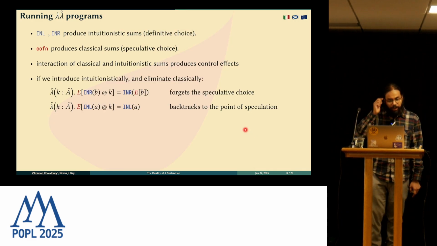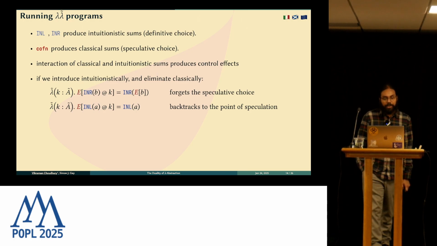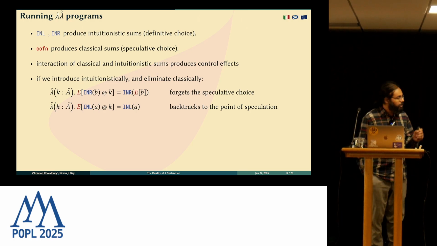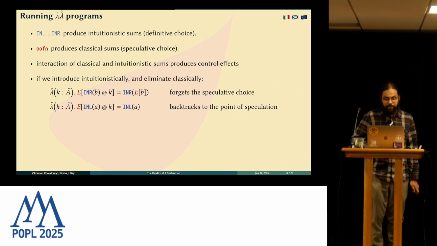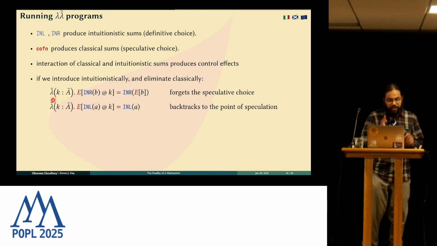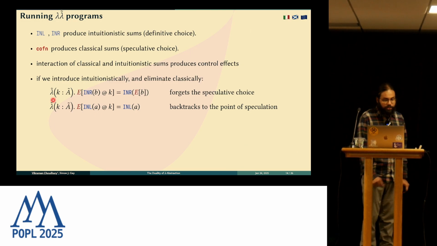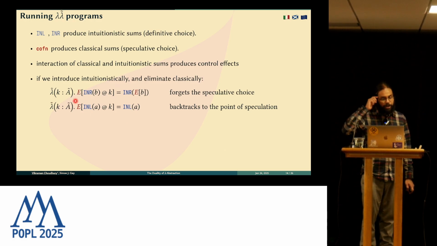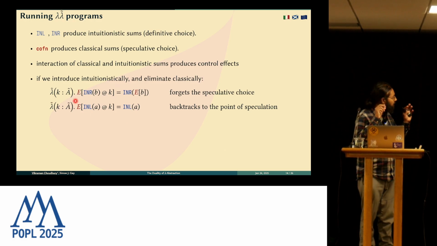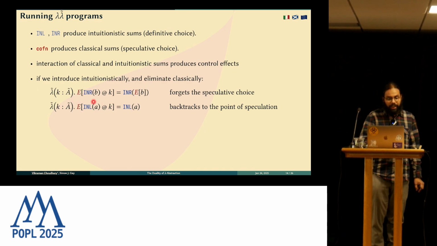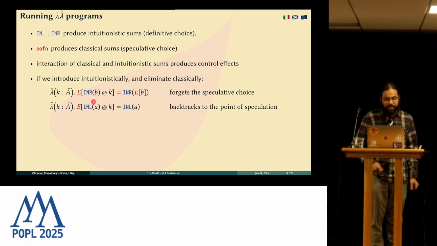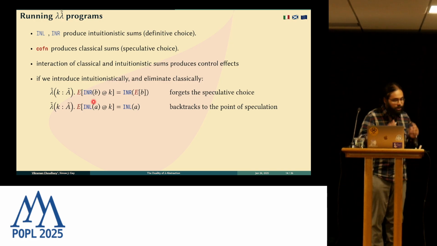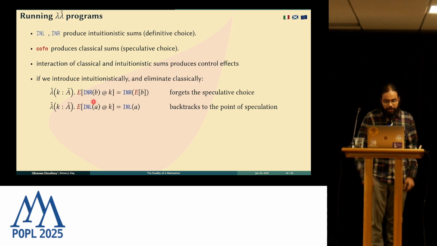Okay, so what happens if you introduce an intuitionistic value and then try to eliminate using a co-application? So let me give you two equations. So lambda bar k of type A dual, it's assuming A is not true, right? And then inside the body of the co-function, you say, actually, I know that B is true, so I can just do in right.